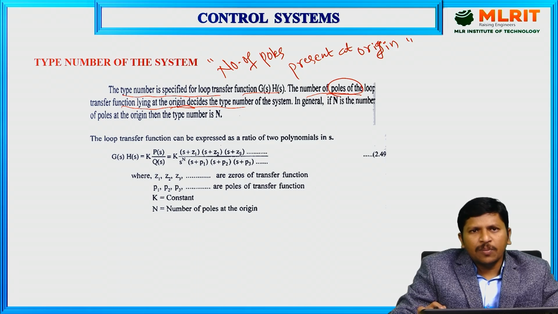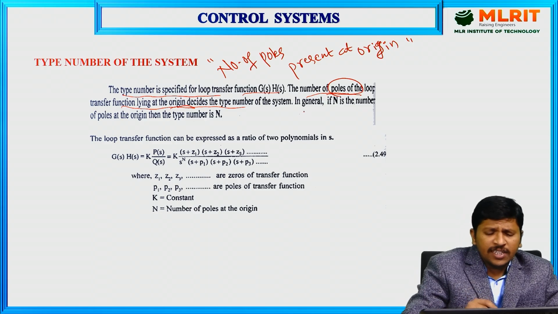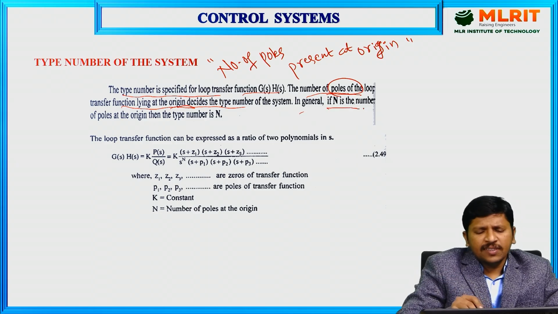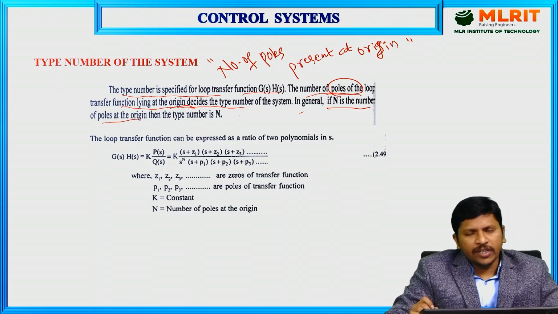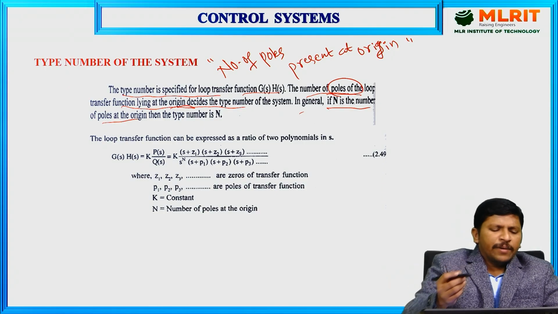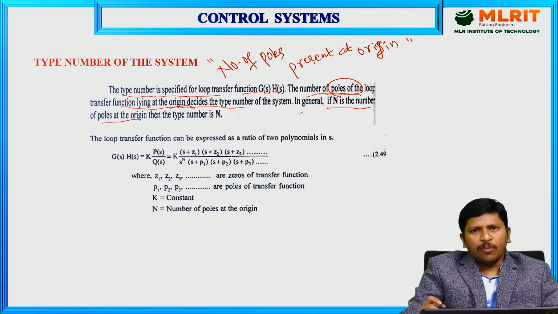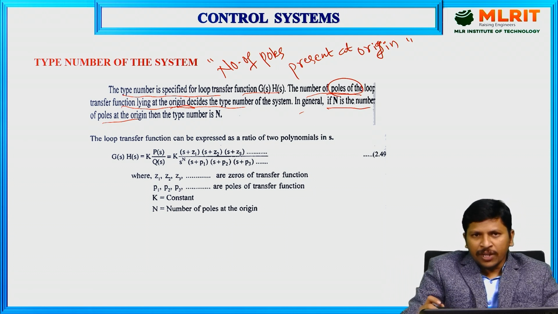In general, if N is the number of poles at the origin, then the type number is N. Simply, if N poles are present at the origin, then the type number of the control system is N.